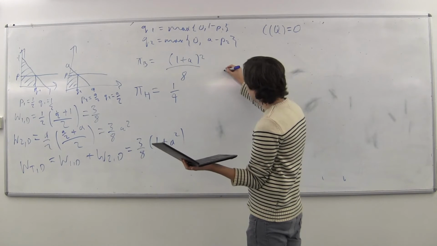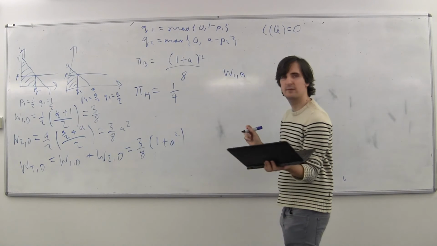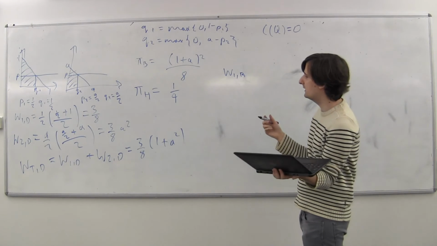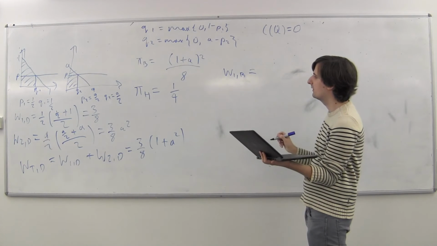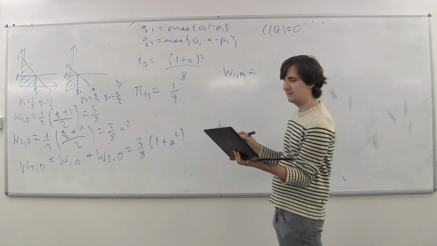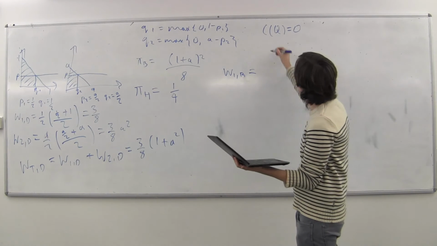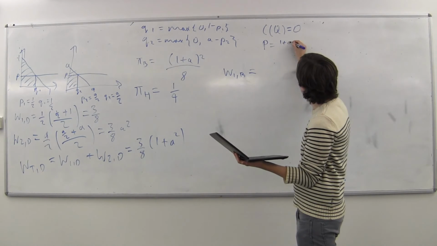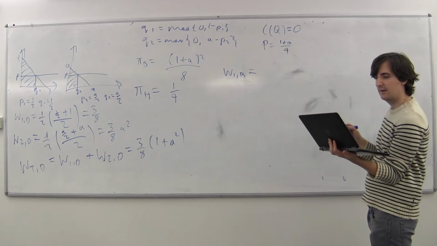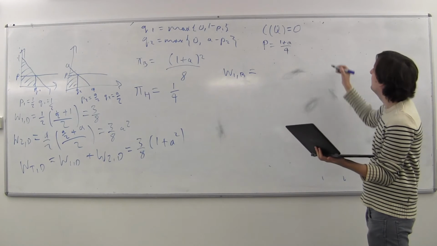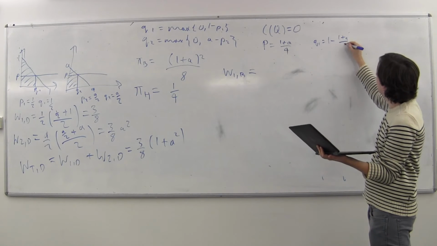So welfare in the first market when selling in both, without discrimination, the quantity is equal to 1 minus P, where capital P is (1 plus a) over 4 if you sell in both markets. This is what we showed. So Q1 is going to be 1 minus that, 1 minus (1 plus a) over 4.